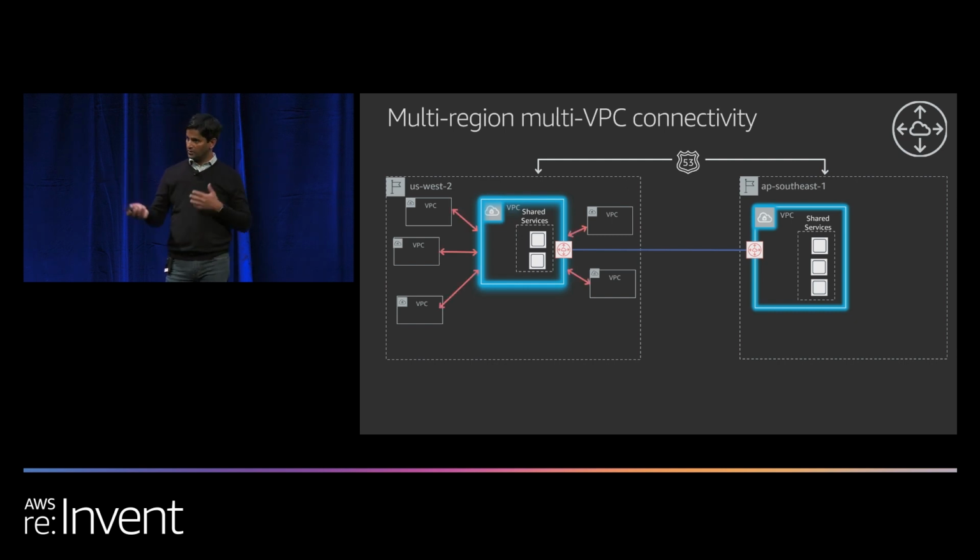That way, you are still having that cross-region capability. If my shared services is down in one region, I can still reach my shared services in the other region without having to do a complete failover. That's the strategy behind this.